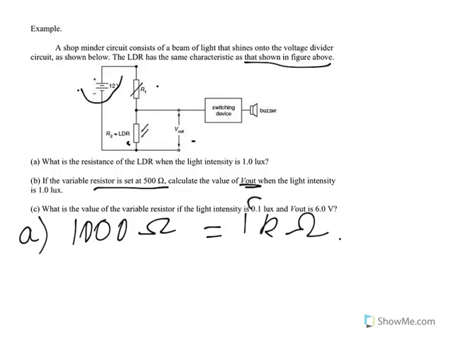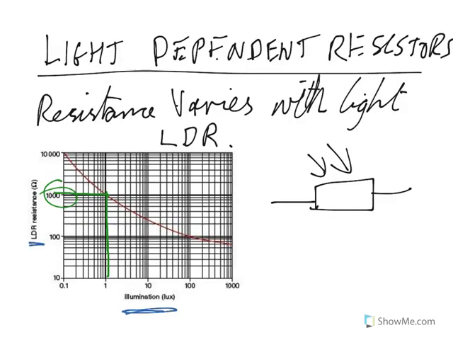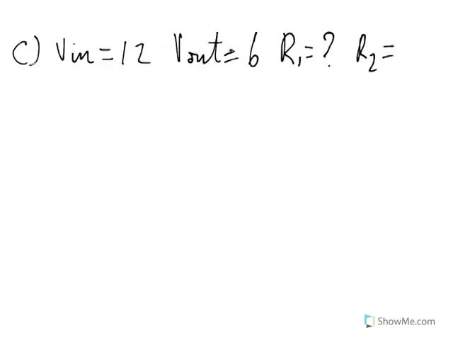So let's go back, 0.1 lux is right here down the bottom, 10,000 ohms by the looks of it. Right, so here we go, 10,000, squeeze it in.